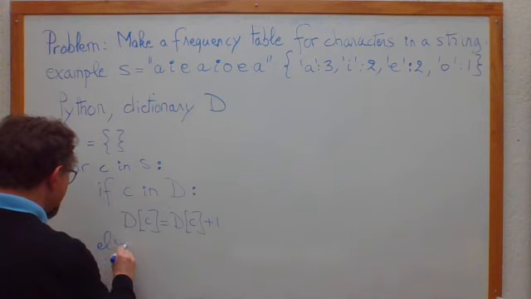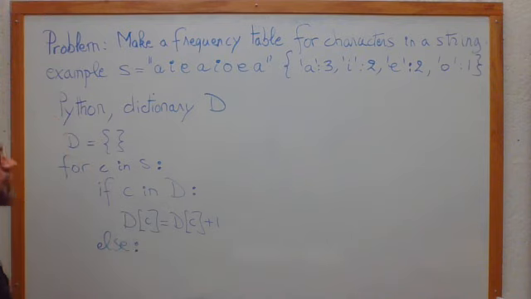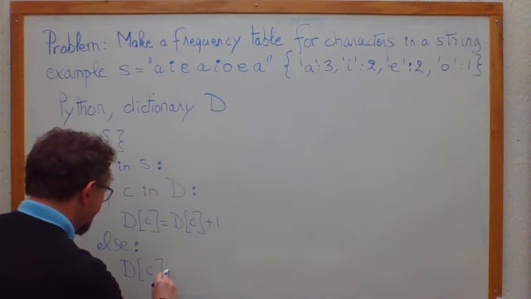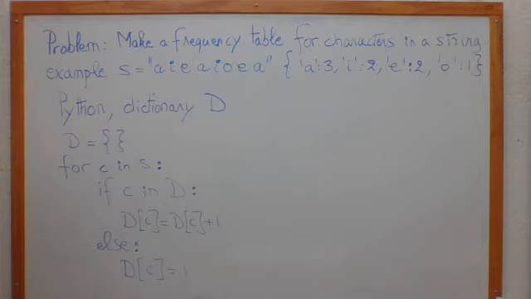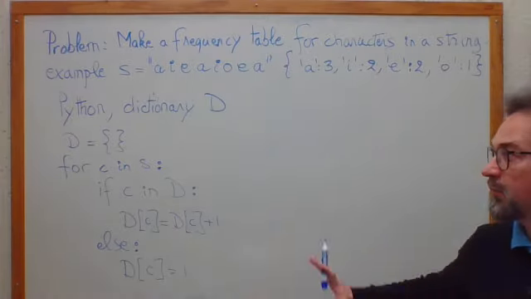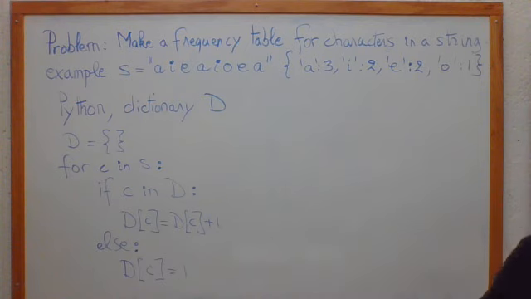In the other case, if it's the first occurrence of the character, we will initialize the entry in the dictionary to 1. So this is the algorithm which you most likely already have encountered in one of the previous Python programming courses.